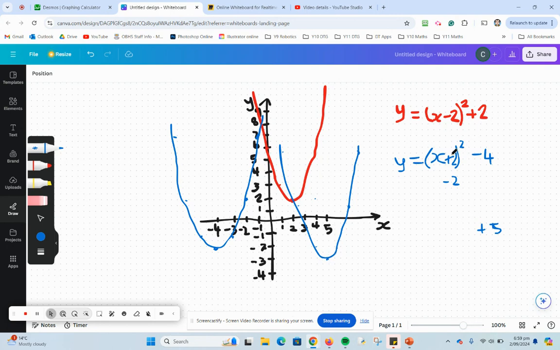That means it's the opposite, so it's going to be x plus 3, and that squared. Instead of plus 3, it moves it down, minus 3.